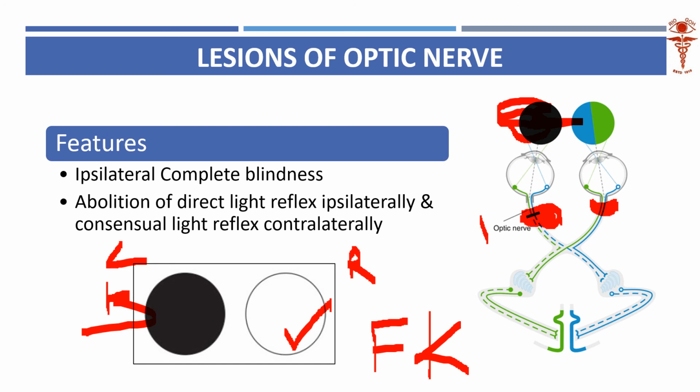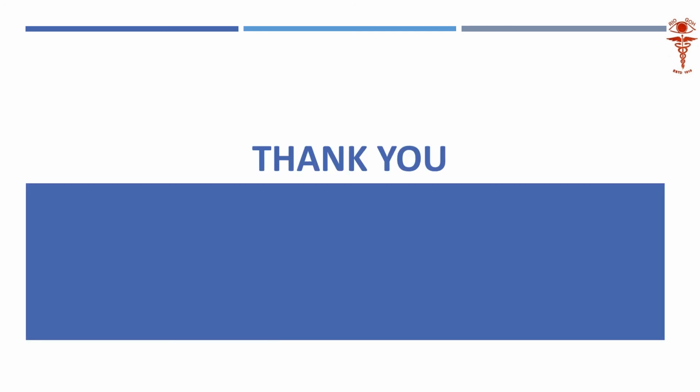A combination of ipsilateral atrophy and contralateral papilledema is called Foster-Kennedy syndrome, and it characteristically occurs in optic nerve lesions. Okay, this is the first level of optic nerve, visual pathway lesions. In the subsequent PPT, we will see further levels. Thank you.